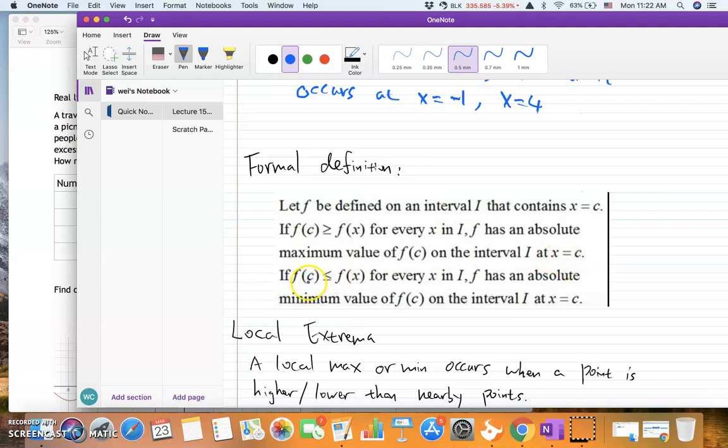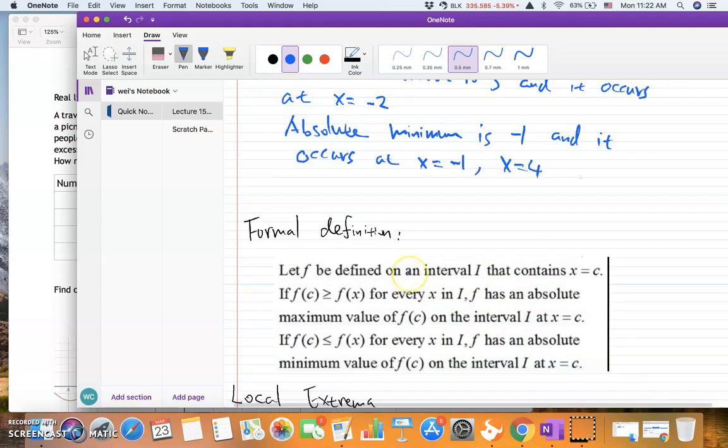If the function value f of c is less than or equal to f of x for every x in the interval, then we say f has an absolute minimum value of f of c on the interval I at x equals c.